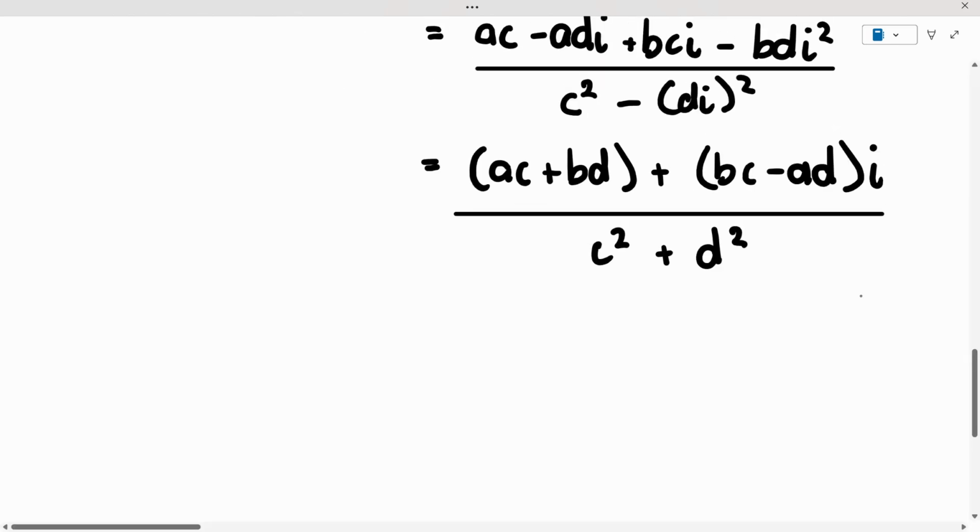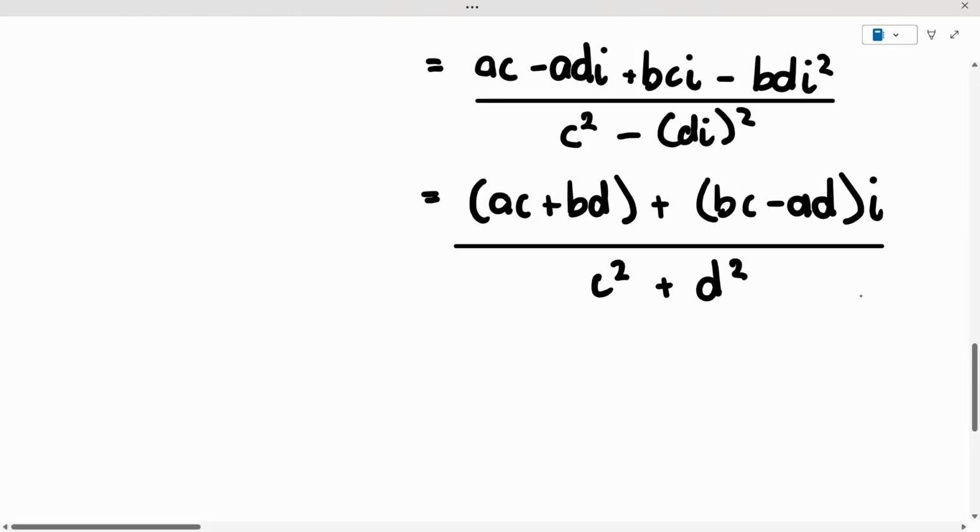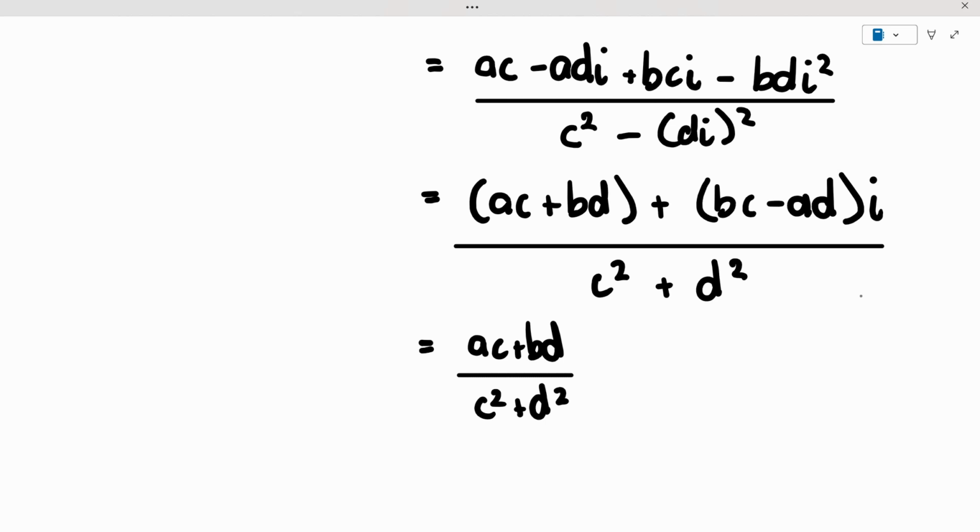If we write it like this: ac plus bd over c squared plus d squared, plus bc minus ad over c squared plus d squared times i.